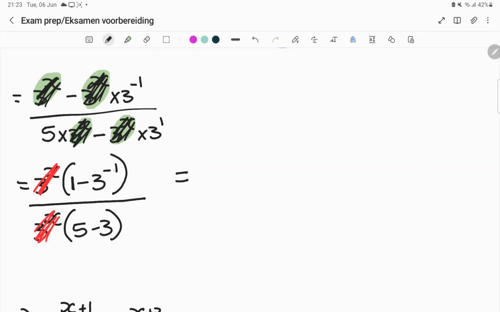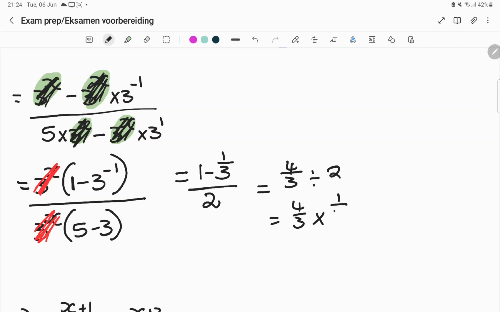So 3 to the power of negative 1 will become 1 minus 1 over 3, and then 5 minus 3 is 2. So this will become 4 over 3 divided by 2, which is the same as 4 over 3 times 1 over 2, which will give me 4 over 6, which is the same as 2 over 3.